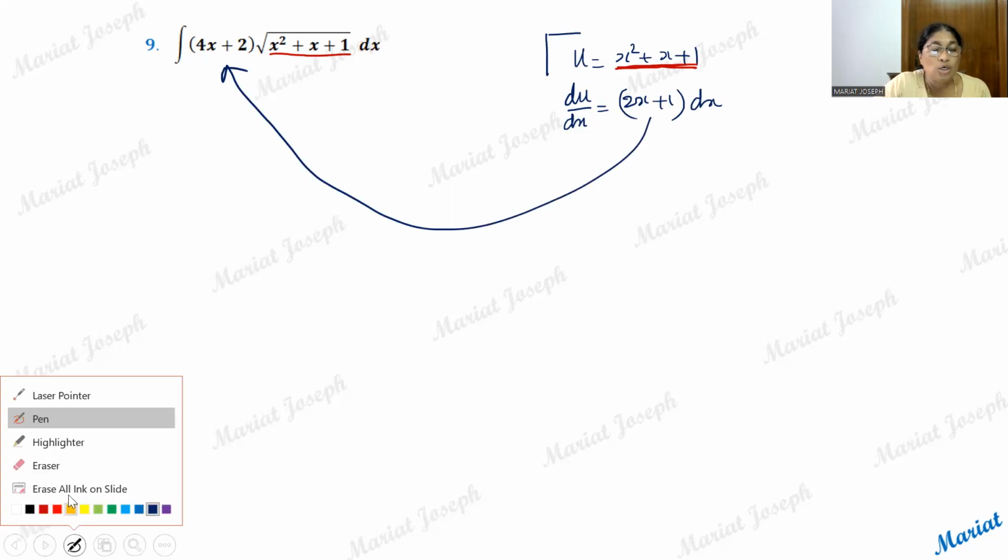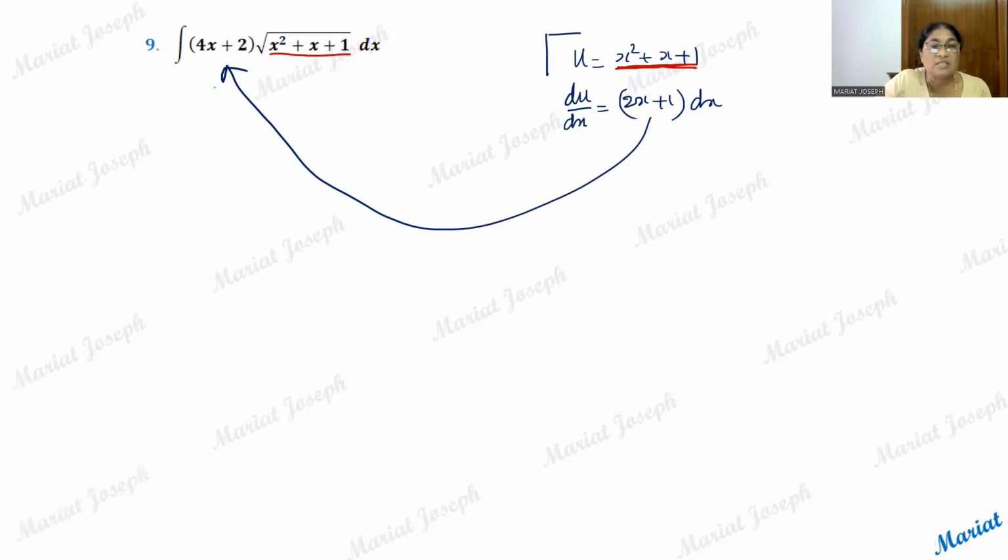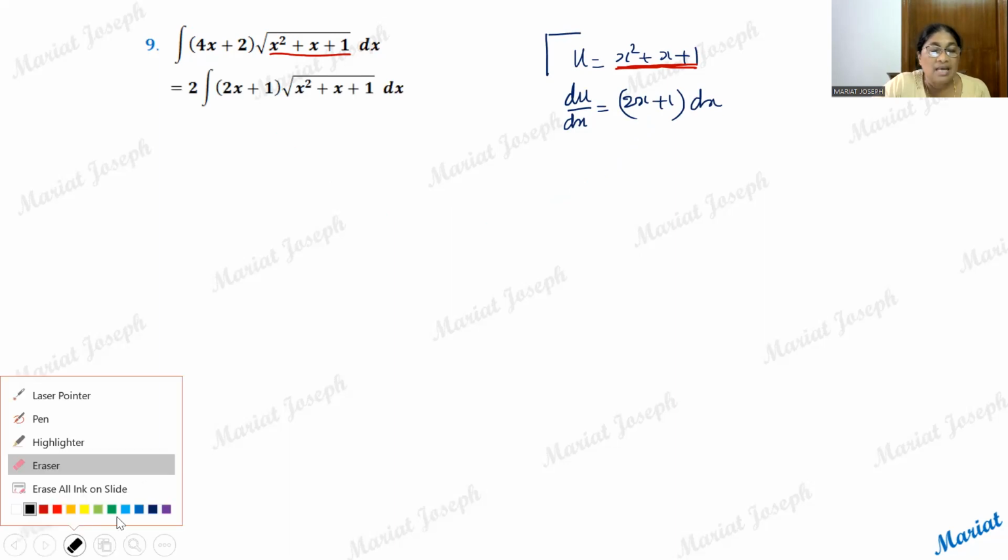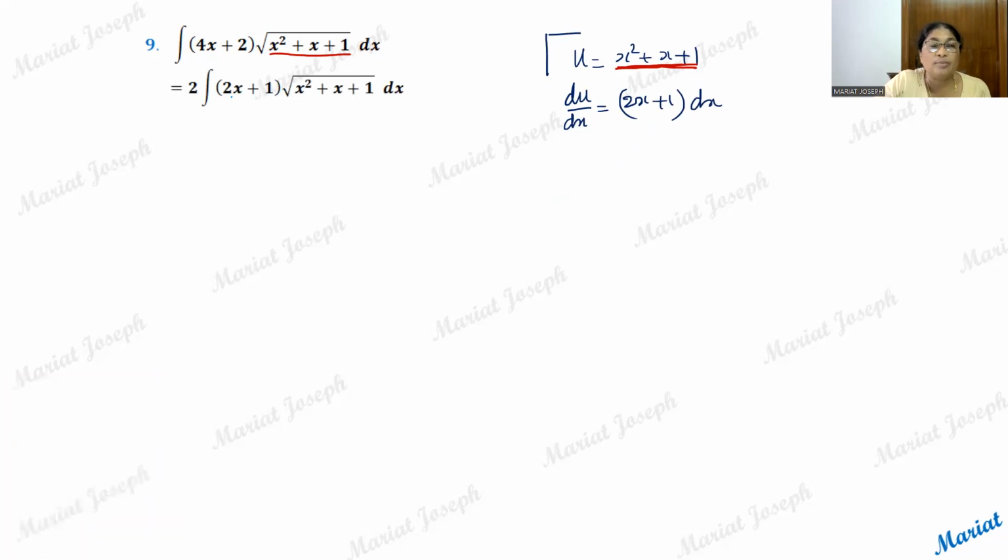But notice that there is a 2x plus 1 hidden in it. If you take a 2 common, there is 2x plus 1 actually. So, in fact, we could have written that step first: the 2x plus 1, which is going to be the derivative and was hidden over there, into dx. How did we take it out? We took out a 2 from here, 2 common.